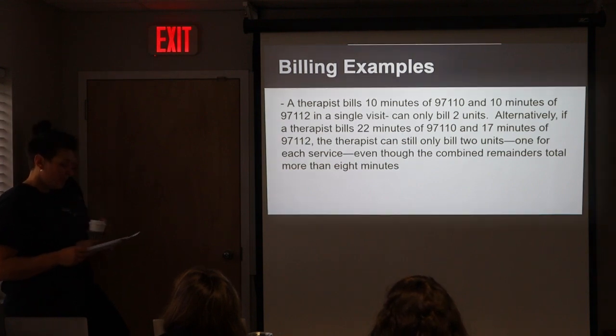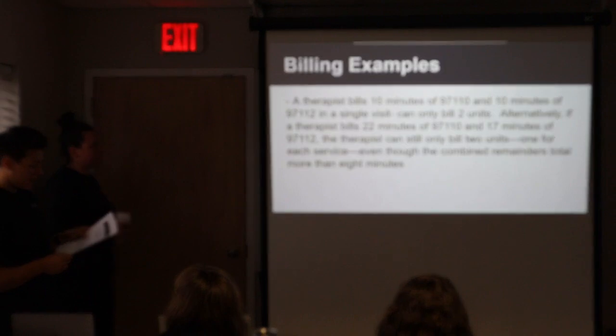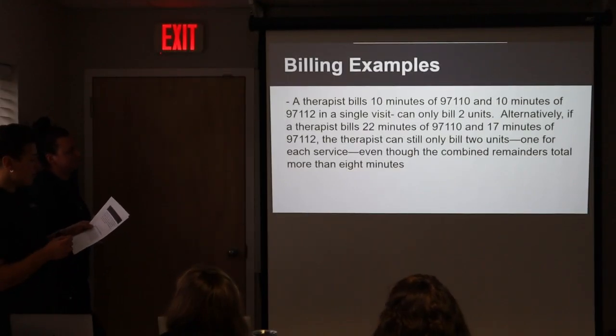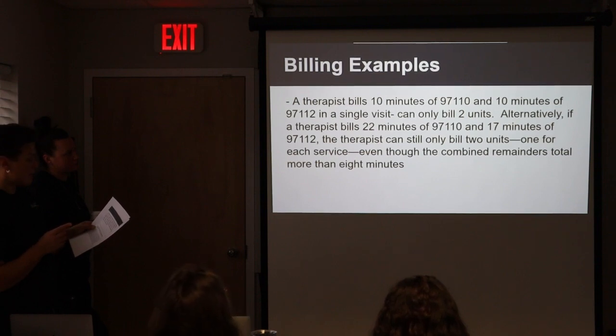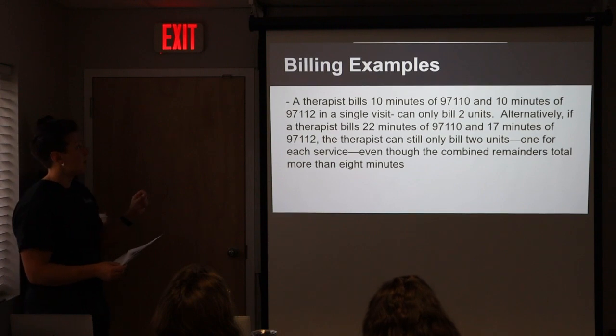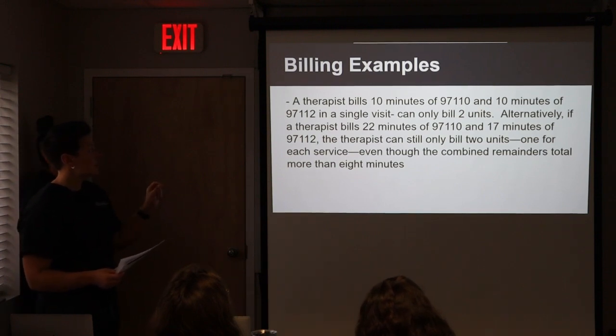I'm going to read through this example here, and I'm just going to outline some things. So here we have 20 minutes in one example and 39 minutes in the second example, right? But each can only be billed for 1 unit of each service, right? So we have 10 minutes of Therax and 10 minutes of neuromuscular.